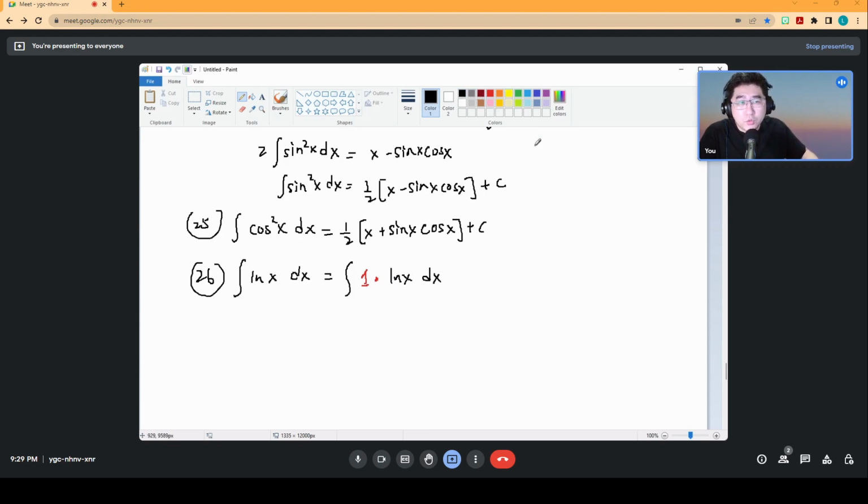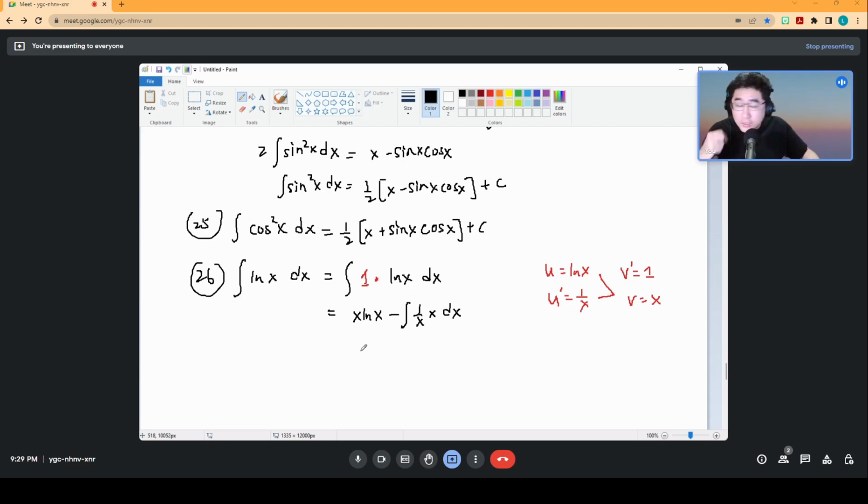According to the order to choose u, ln polytrigo e, my u I will choose as ln x, my v prime I choose as 1. So my u prime goes to 1 over x, my v goes to x. Then the u and v together give x ln x, minus integrate of 1 over x times x dx.